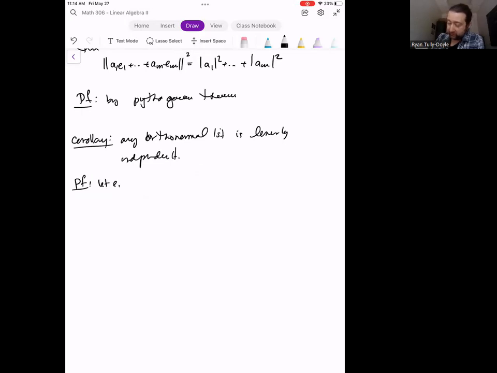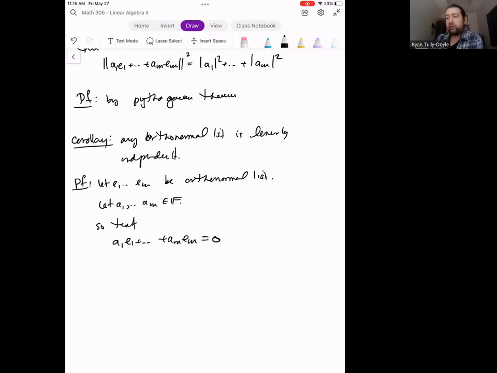So you're going to let E1 through EM be an orthonormal list, and let A1 up to AM be in a field, so that A1 E1 plus up to AM EM is equal to 0.